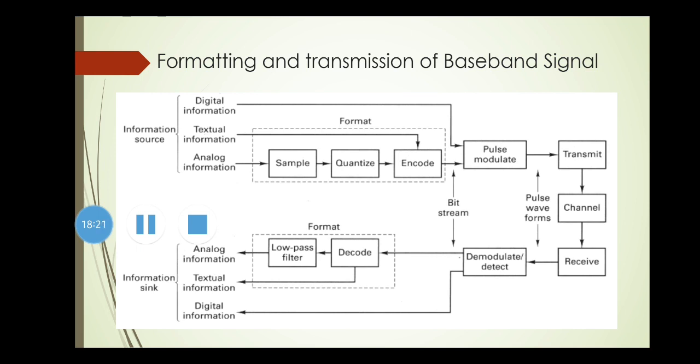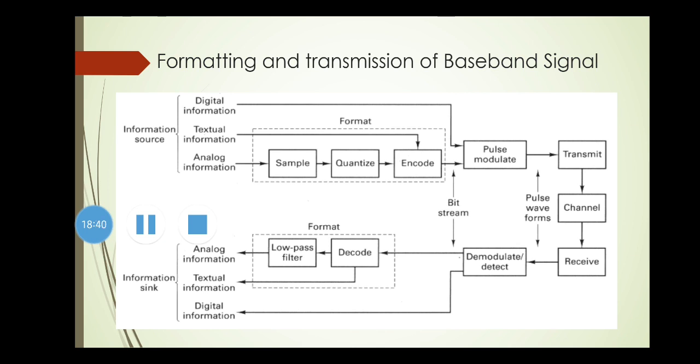As of now, the textual information has to be encoded or formatted by making use of standard techniques, and then it will be converted to digital bit streams that are fed as an input to your pulse modulation block.